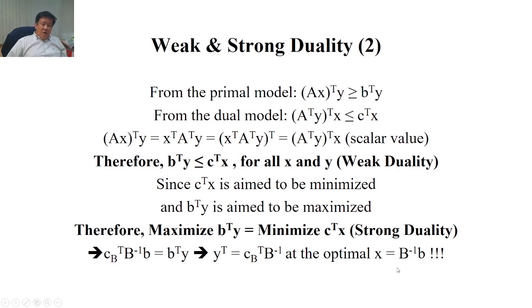This strong duality gives you the idea that when you are using the simplex algorithm and are able to identify B and N, you can get the optimum solution of both the primal and dual problems at the same time. Once you reach a solution for either model, primal or dual, you can get the solution of the other problem simultaneously.